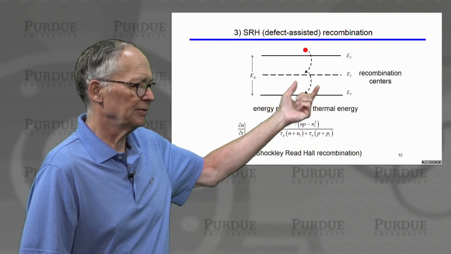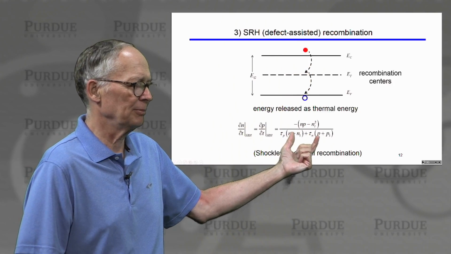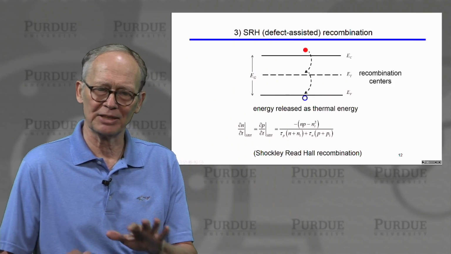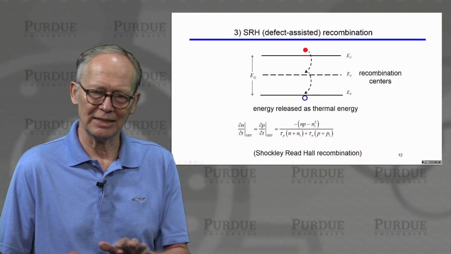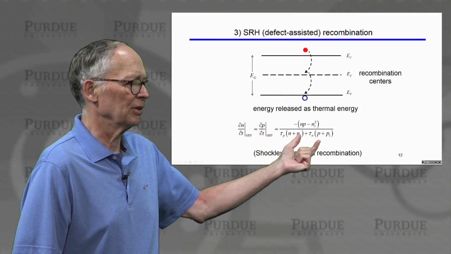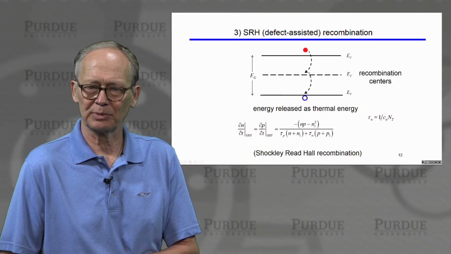The statistics of this recombination process are described by this equation. Again, you can see that there's an np minus Ni squared to make sure that there is no net recombination under equilibrium conditions. And then there are some parameters introduced in this expression.